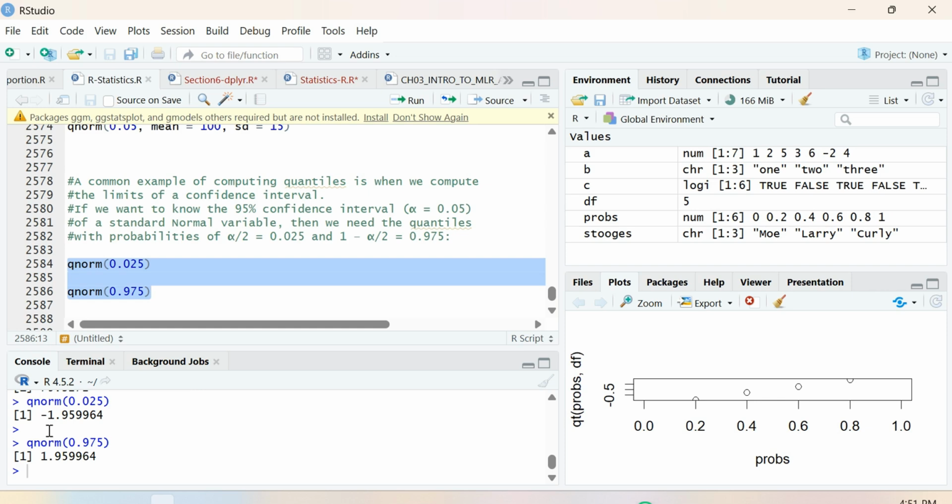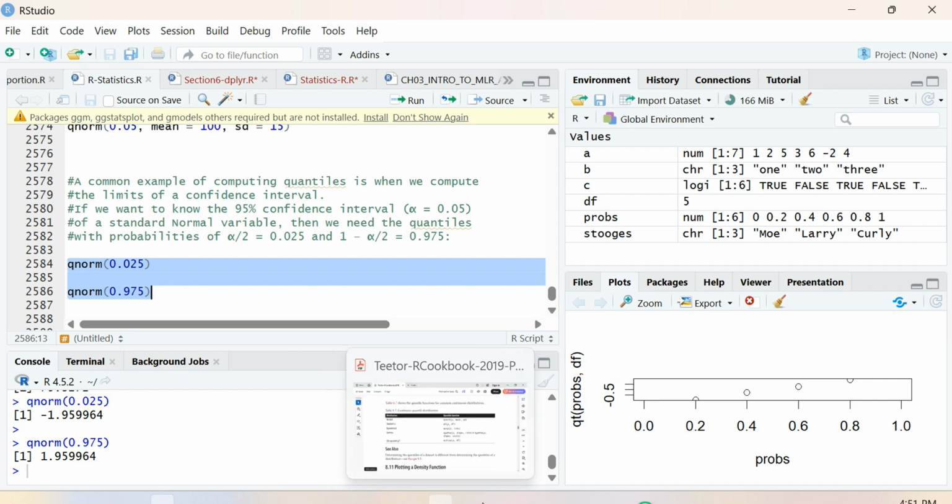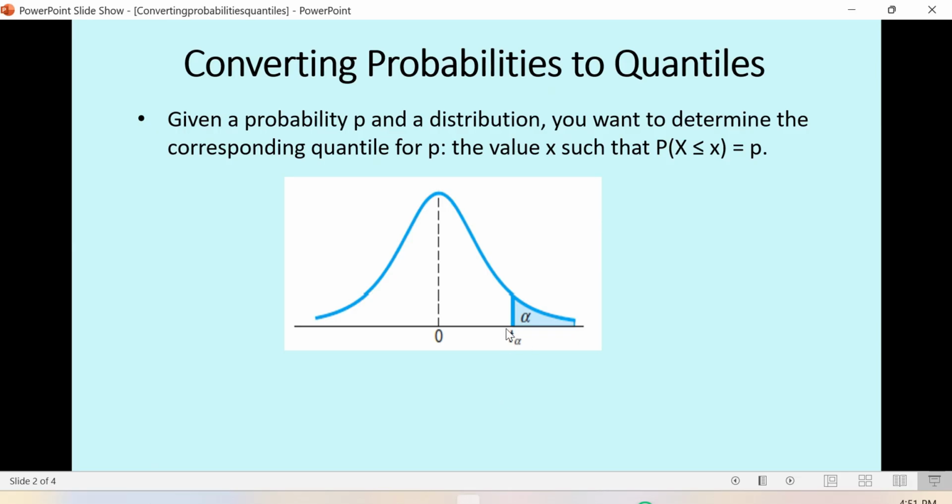So this gives minus 1.96 and 1.96. This is why, for the confidence interval of the standard normal distribution, or when we use the normal test, we usually just use 1.96, because these two critical values, 1.96 and minus 1.96, make the area on both sides 0.025.